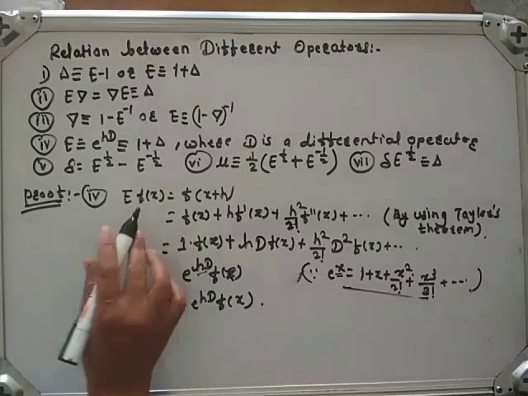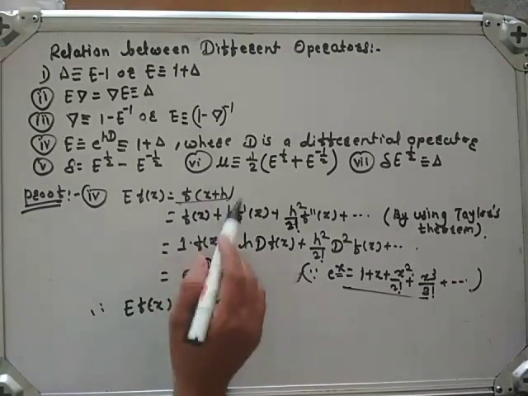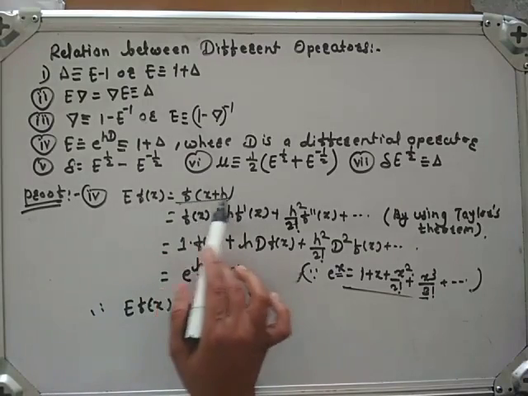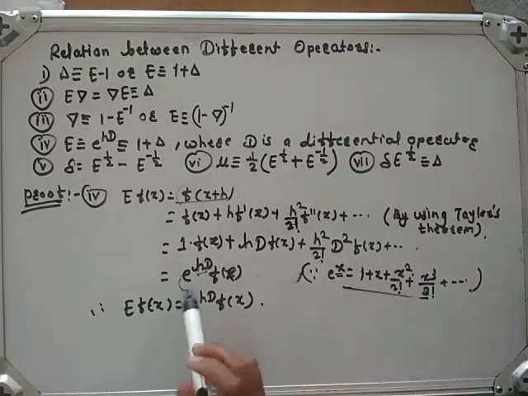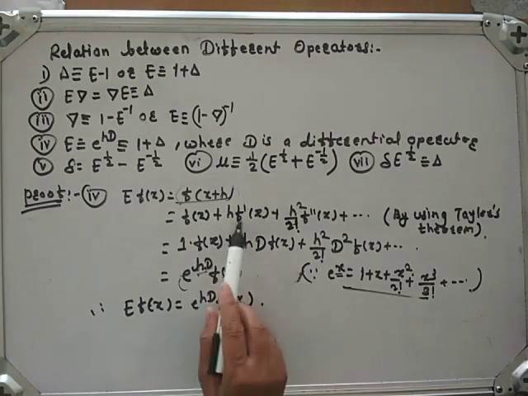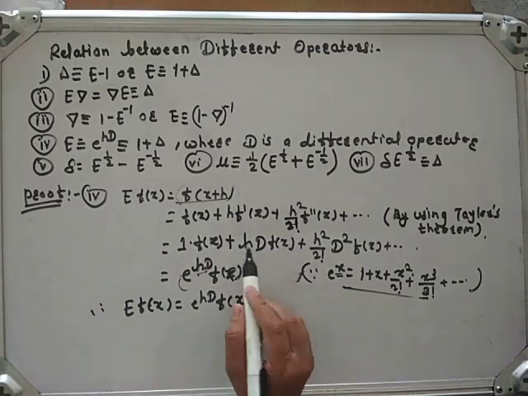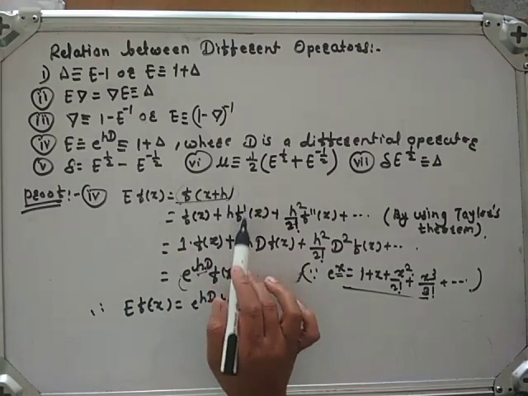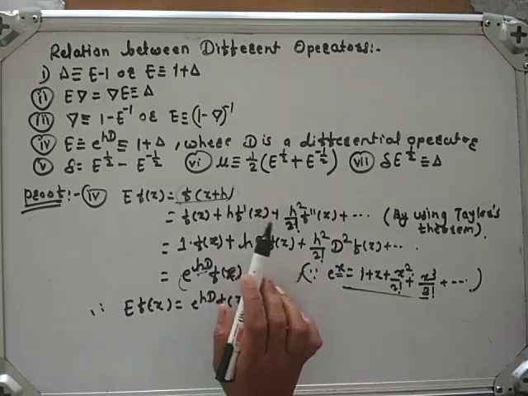Very simple. E of f of x is equal to f of x plus h. By using Taylor's theorem, this f of x plus h can be written as 1 into f of x plus h into f dash, the first derivative of f with respect to x.